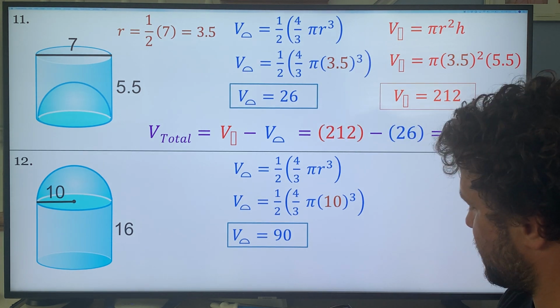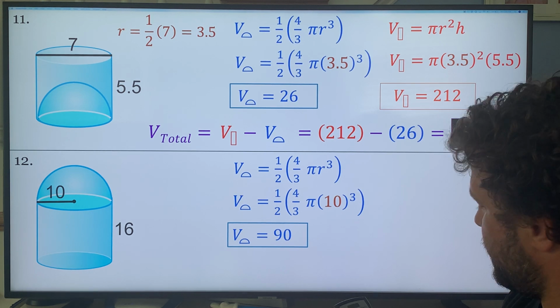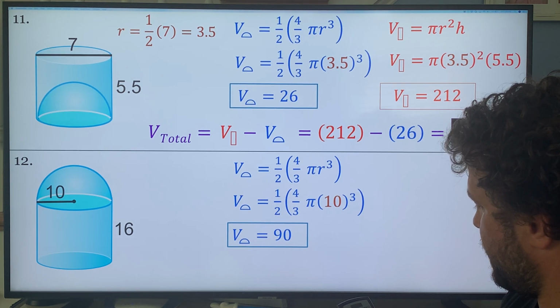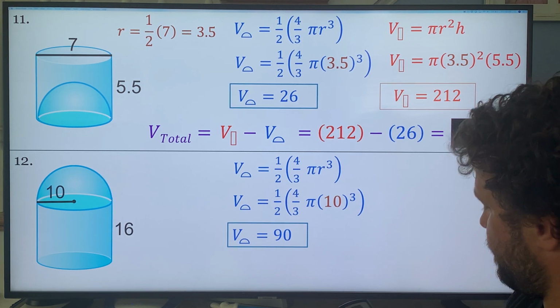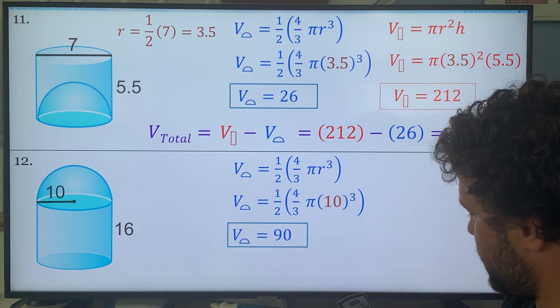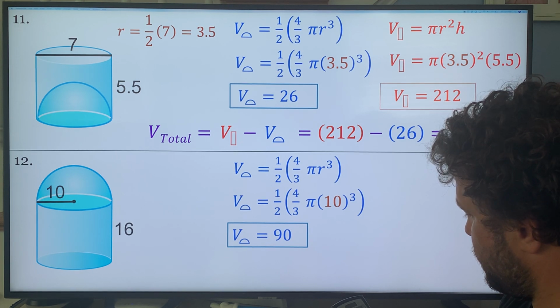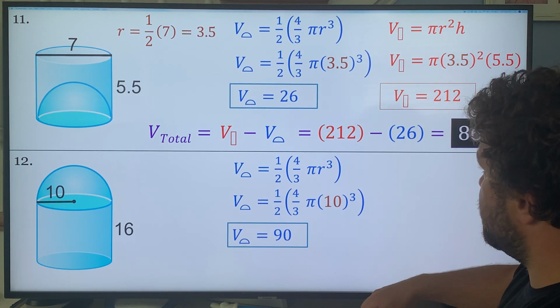This answer is not 26. It's 1 divided by 2 times 4 divided by 3 times pi times 3.5 cubed, which is 4 divided by 6 times pi. Yeah, this is 90.